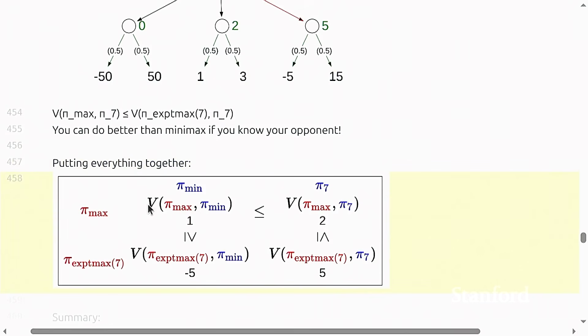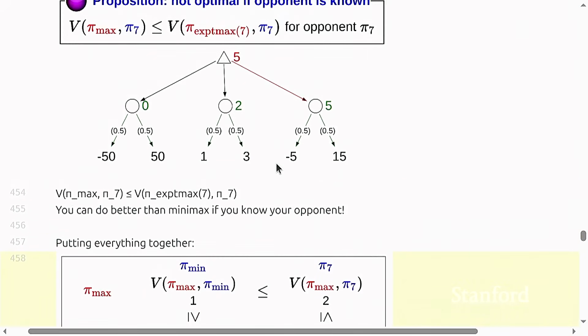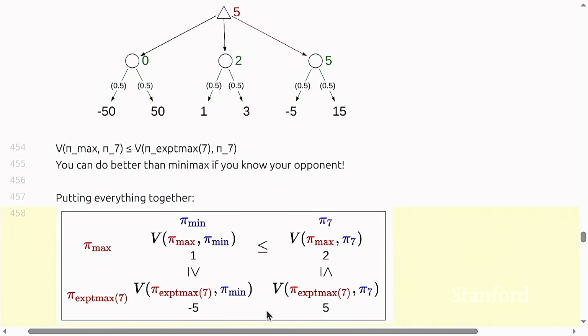Okay, so putting everything together, this is what we have on the board. The minimax value is 1. This value, if you play π max against π7, that's a 2. If you play expected max, which will choose this branch, against π min, you're going to get -5.